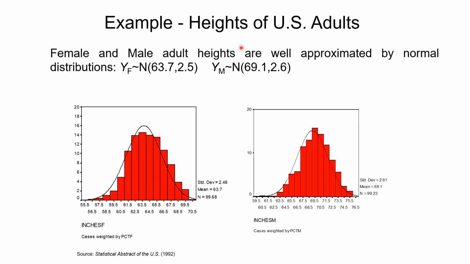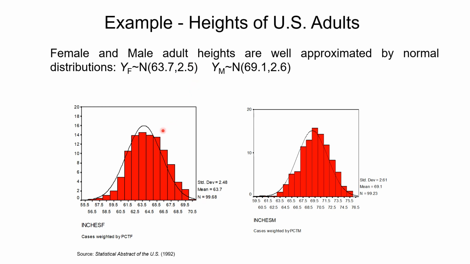This is an example of a real life application of the normal distribution. For example, female and male adults' heights are well approximated by a normal distribution. Y_F here means variable y for female. That means y, the height of adult females, is normally distributed with mean 63.7 and this standard deviation.